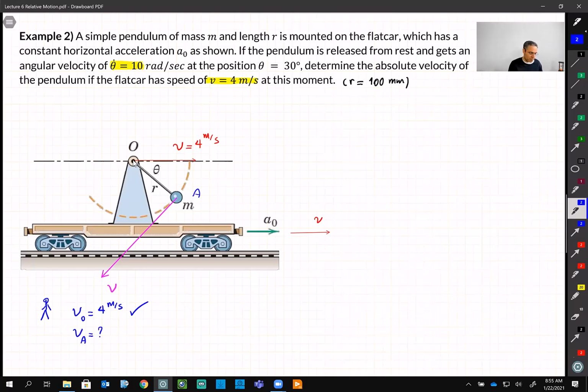This is the question that we want to answer. What else do we know? We also know velocity of A with respect to point O. This is not this person, but the person sitting at the top here. He knows VA with respect to O, right? It is R omega. And then complete the rest.